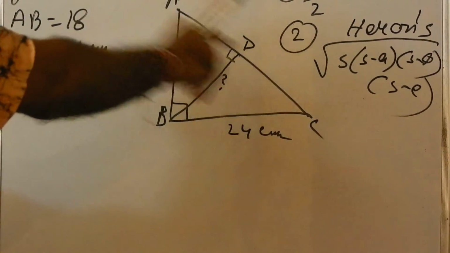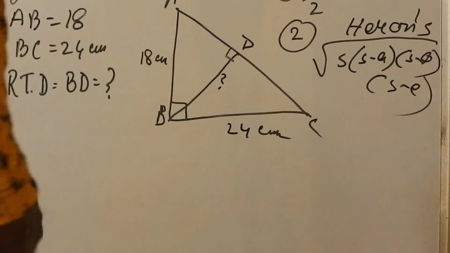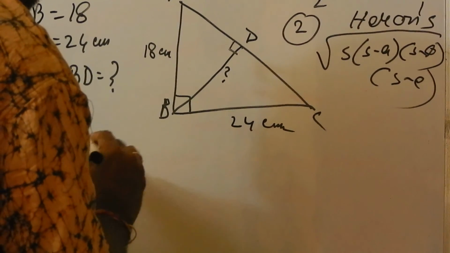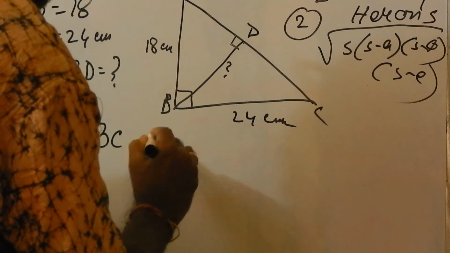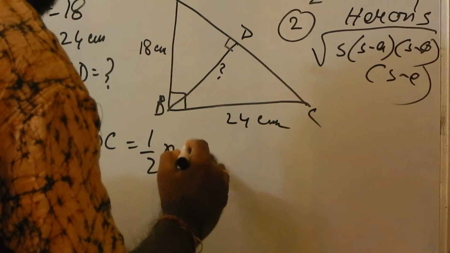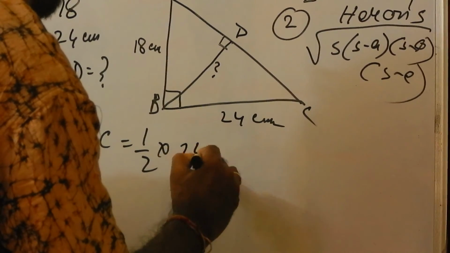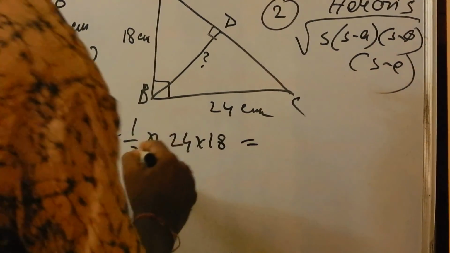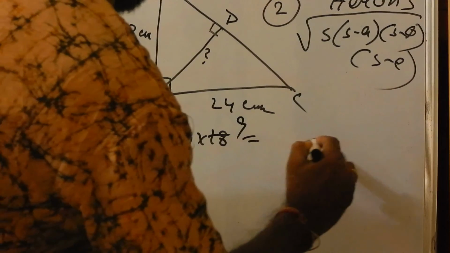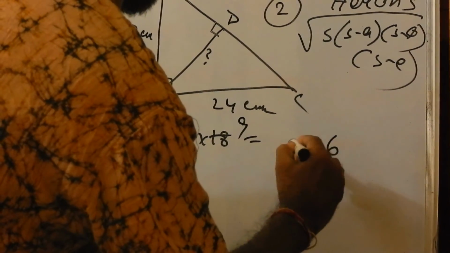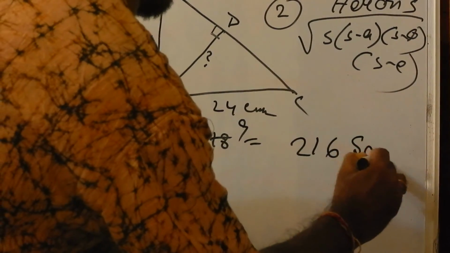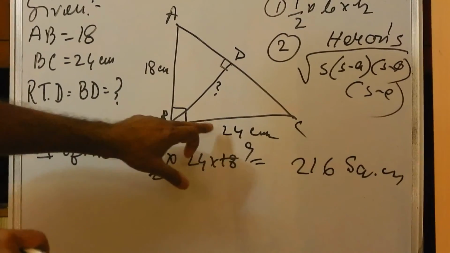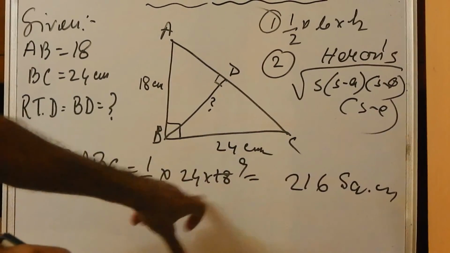The length of BD we don't know. It is the perpendicular on the hypotenuse AC. Now the area of ABC equals half into base 24 into height 18, equal to 216 square centimeter.